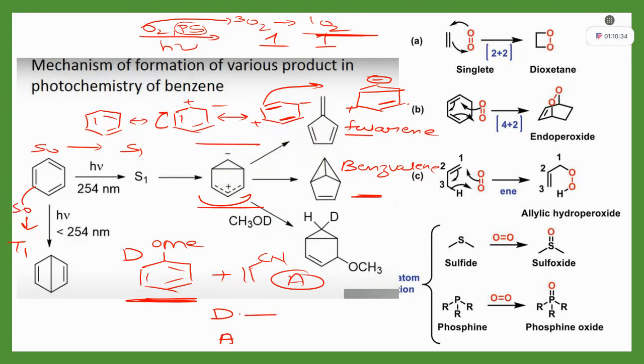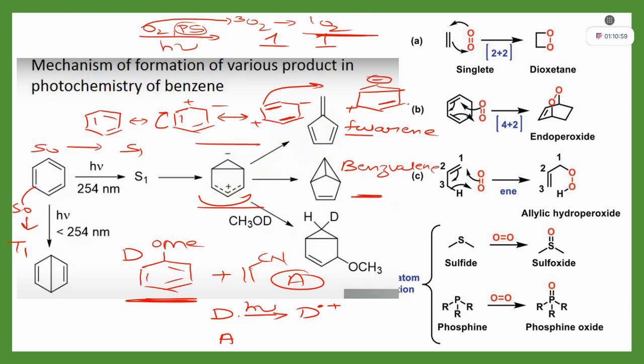So, donor. Let's say you are having a donor atom. In photochemical condition, it will be having radical and it will donate. Since it is donor, it will donate, and on donation, it will become radical cation.